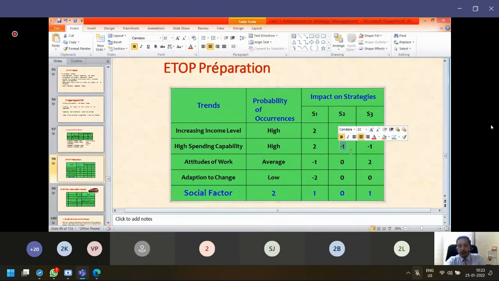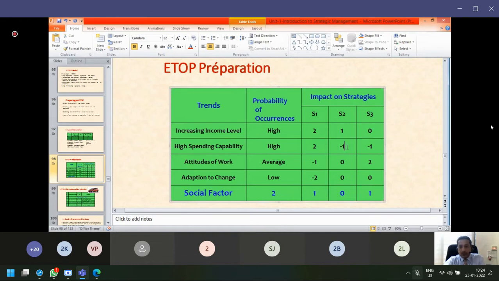However, it is having a negative effect on strategy 2, whatever strategies we have formulated. So this -1, +1, 2, 0, whatever marks we are giving, is on the basis of the experience and judgment of those managers who are involved in the preparation of this ETOP model. And these marks are based on their experience, their knowledge, and their observation of the different trends in the market through different sources.